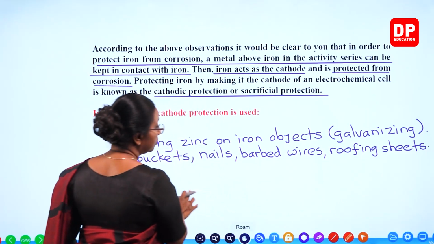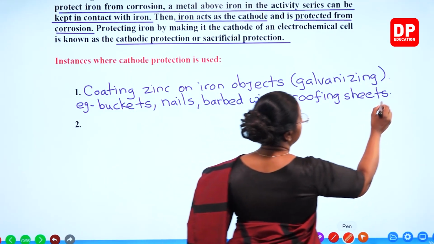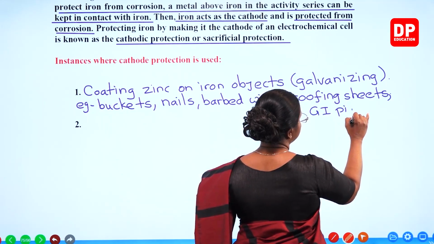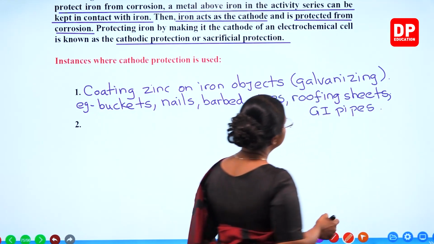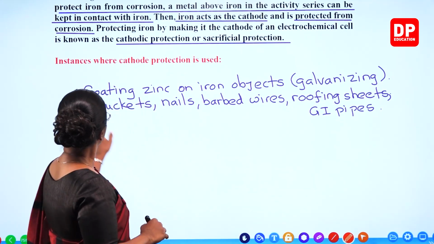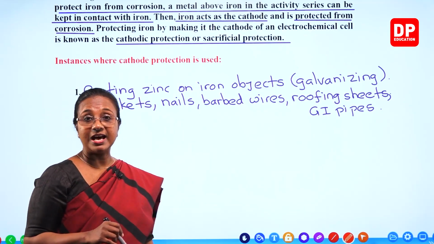and also we can consider GI pipes. When we say GI pipes, it means galvanized iron pipes. So coating zinc on iron objects, that is known as galvanizing.